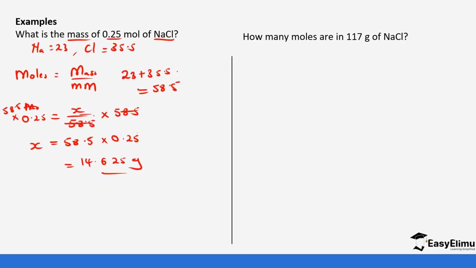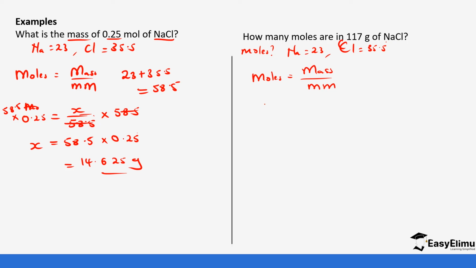Next, now we are looking for moles. How many moles are in 117 grams of sodium chloride? Once again, the atomic mass of sodium is 23 and the atomic mass of chlorine is 35.5. So the formula is moles is equal to mass over molecular mass.